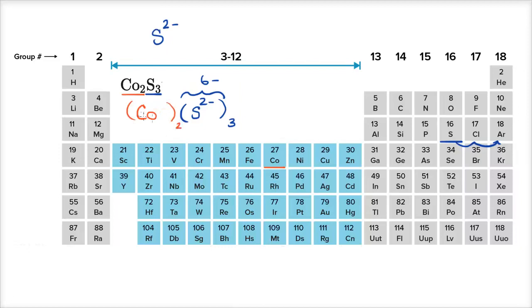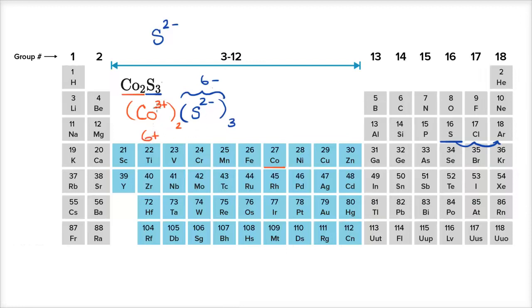And so these 2 cobalt have to offset this 6- charge. They have to have a 6+ charge. Well, that means that each of them need to have a 3+ charge. If each of these have a 3+ charge, and you have 2 of them, then you're going to have 6+ on the positive side, and you're going to have 6- from the sulfides.